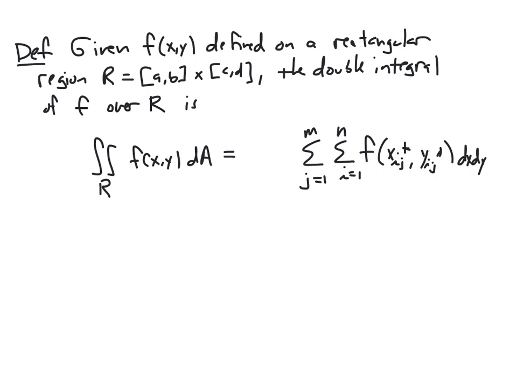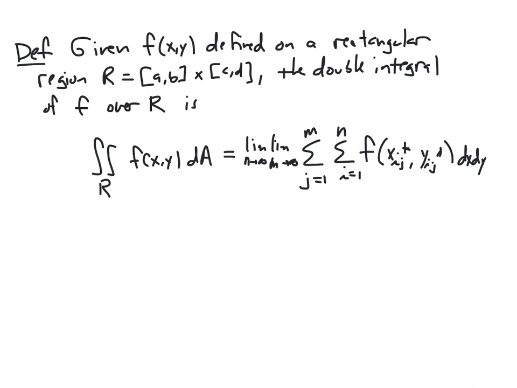And so we want to take both m and n, those are the number of subintervals in each direction, as they get larger. So I want to take the limit as m goes to infinity, and also the limit as n goes to infinity. Right? So this is our definition of the double integral of f over R. So it's this double summation and then a double limit taken of that.